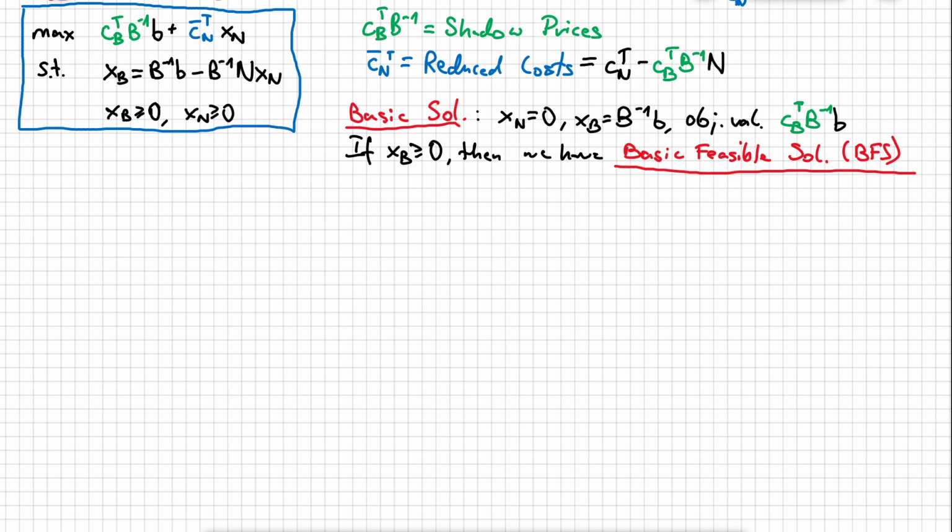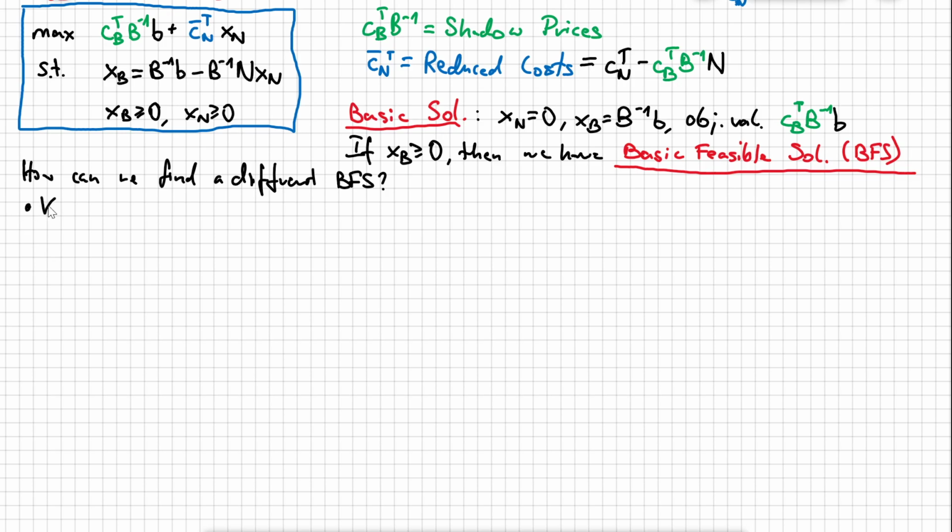So how can we find a different basic feasible solution? How can we find one? Well, we can find it by doing this.